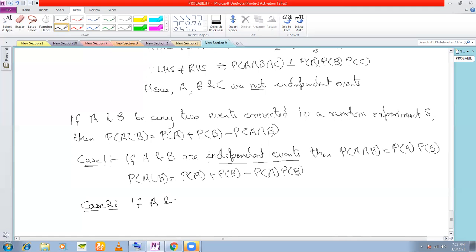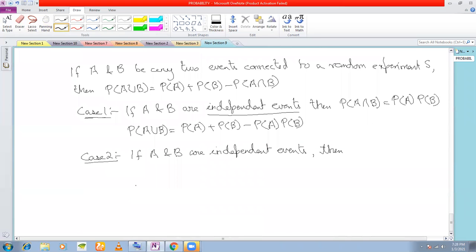In this case also, what you can do from this is you can write P(A union B) is equal to 1 minus P(A union B complement). Can you write this?